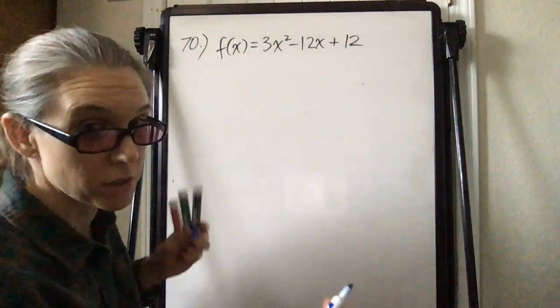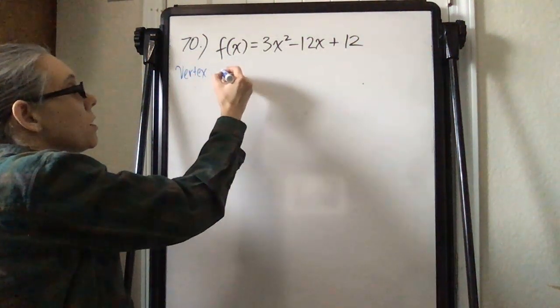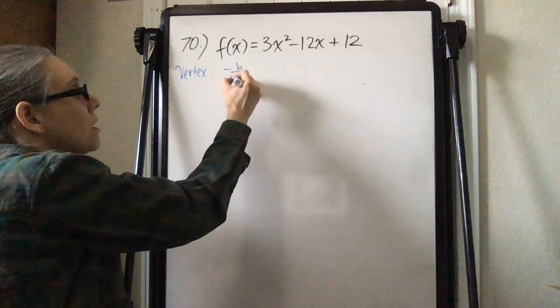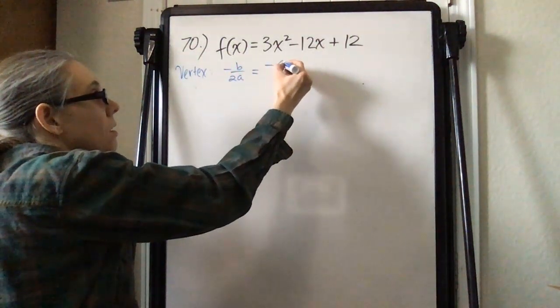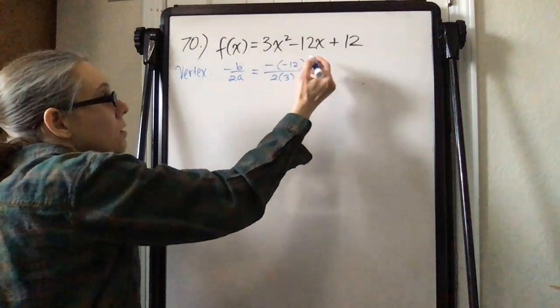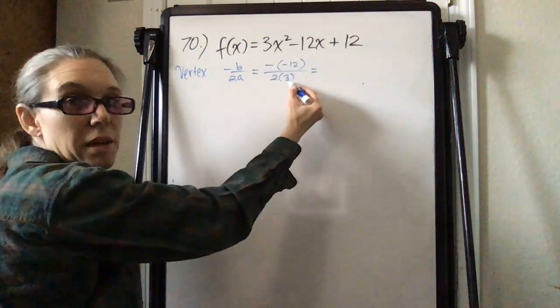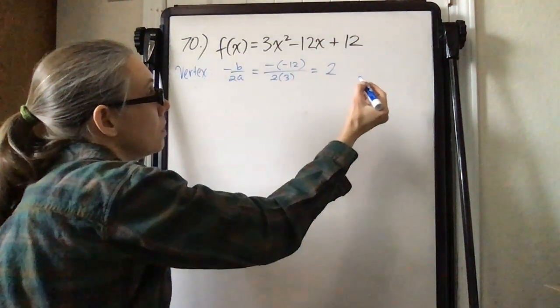So let's start with the vertex. The vertex is going to be at negative b over 2a. So negative b over 2a is negative negative 12 over 2 times 3. So positive 12 divided by 6 is 2.